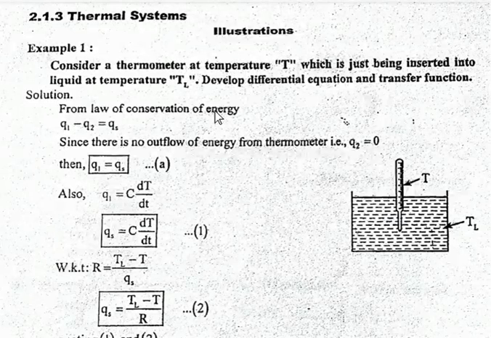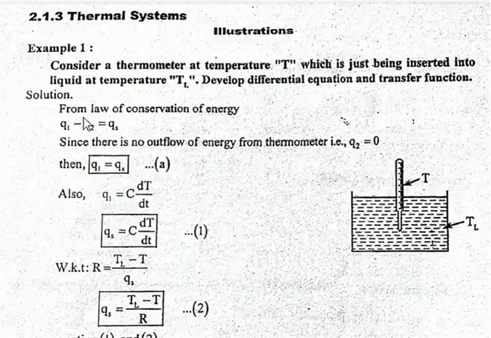In the mechanical system we applied Newton's law of motion to get the mathematical modeling. In the electrical system we applied Ohm's law. Similarly, here in the thermal system we are going to apply the law of conservation of energy. We can apply different laws according to the application.